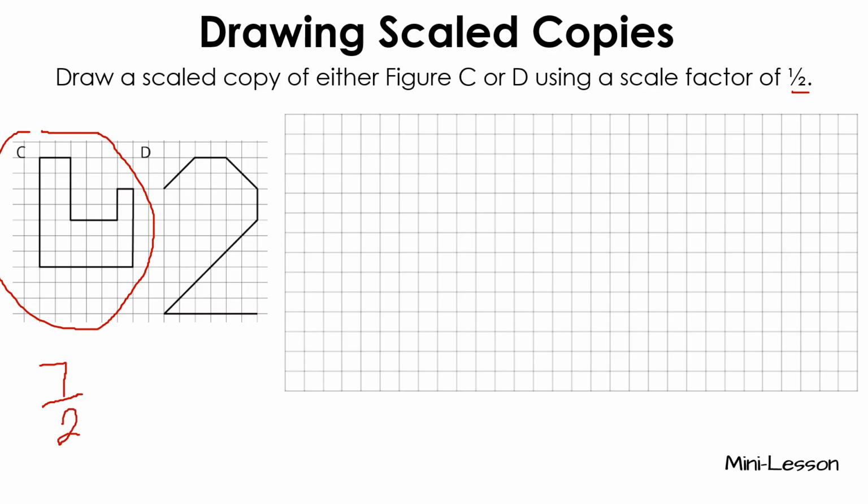We know that 2 can go into 7 3 times, because 3 times 2 is 6. 3 times, and we will be left with a half. So this new line would be 3.5.